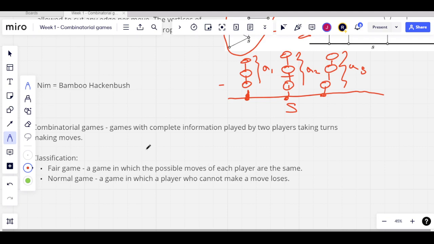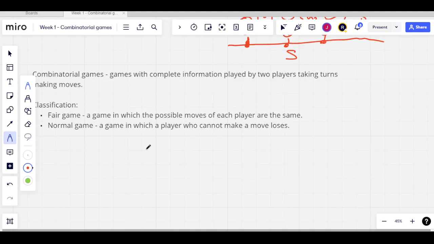We considered combinatorial games, and we can classify these games as fair games and not fair games, normal games and abnormal games. In a fair game, each player has the same moves, and in a normal game, the player who cannot make a move loses.